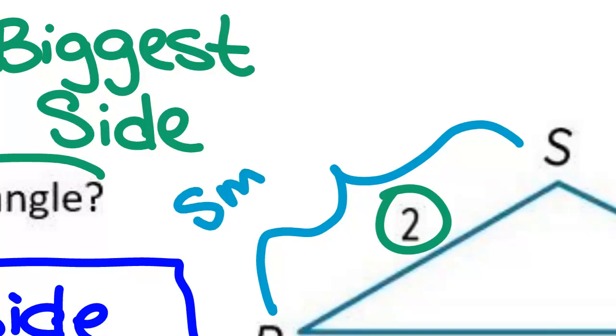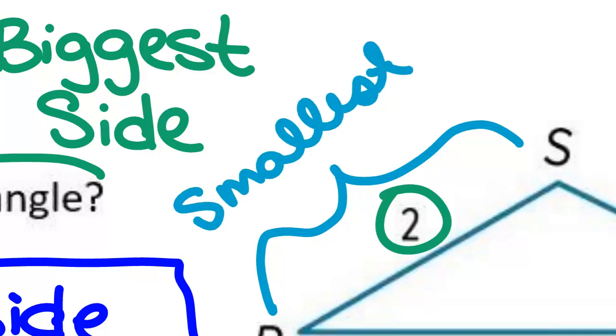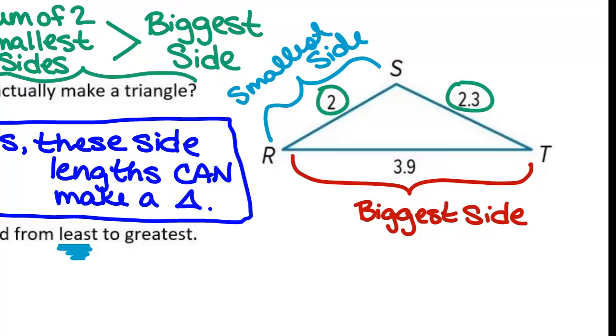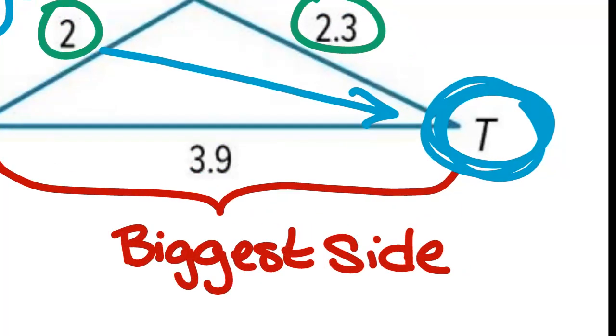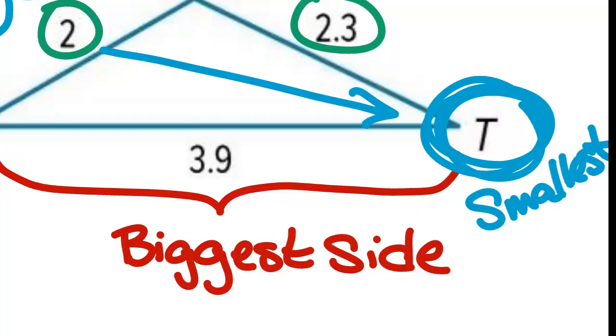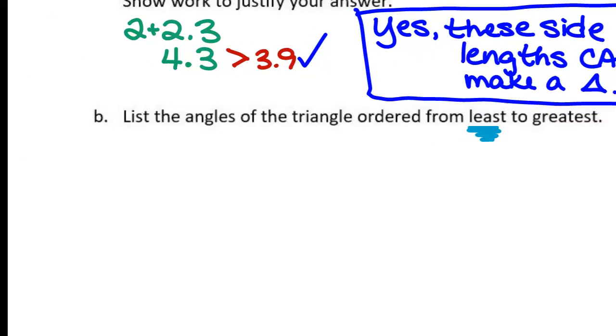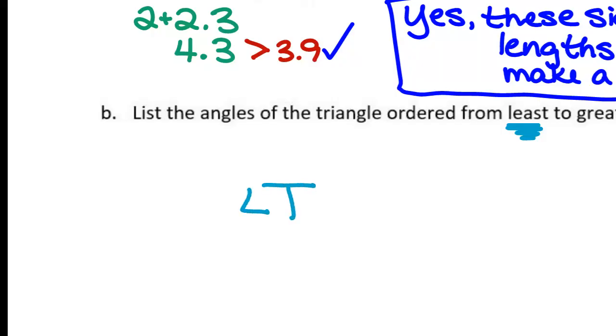Here's the smallest side. The smallest side will be opposite the smallest angle. So what is the angle that is opposite my smallest side? T. Right here is my smallest angle.